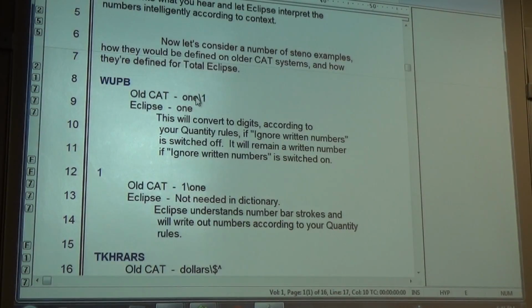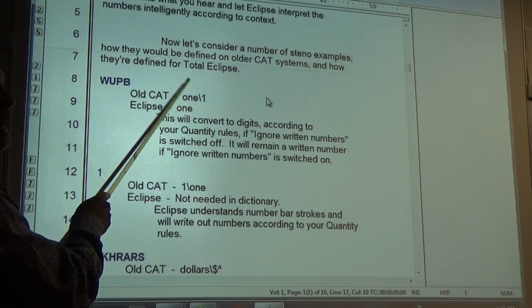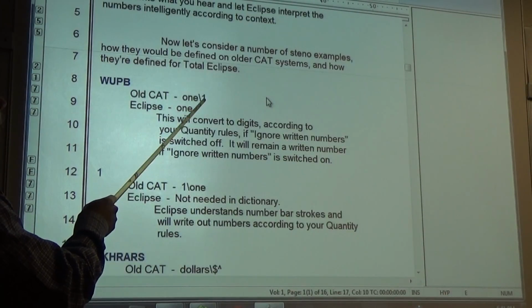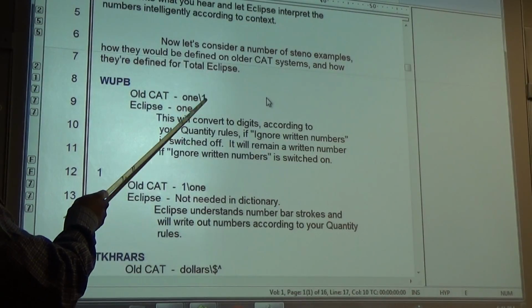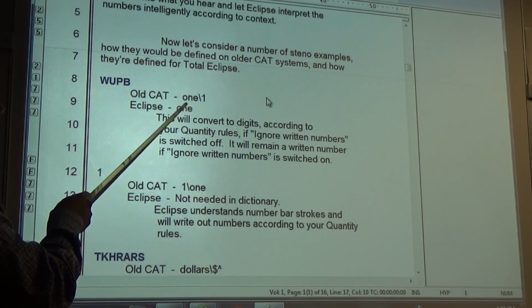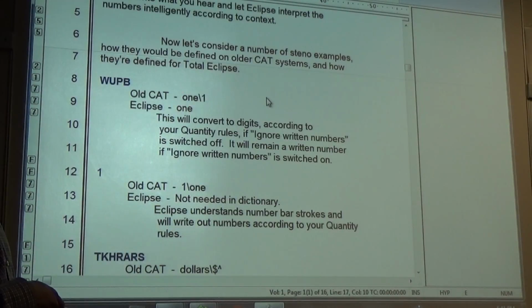In the old days, whether you wrote it one way or the other, that was the way you defined it. Now all you do is define it as ONE. Don't use the numbers. It already knows to convert the numbers.